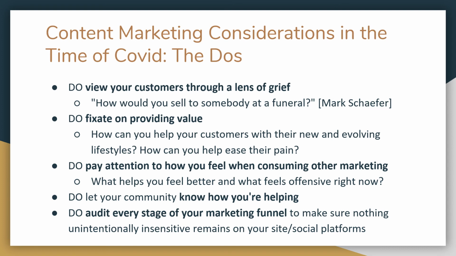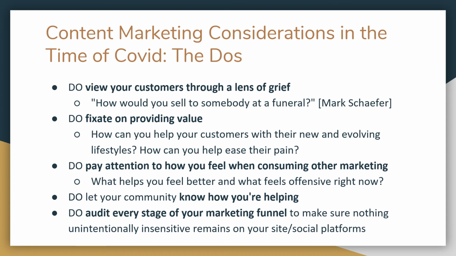And going along with that, do fixate on providing value, right? So how can you help your customers now? And this goes back to what we chatted a little bit about in previous slides, the importance of understanding where your customers are at now. That understanding informs this question of how can you support them with their new and evolving lifestyles?